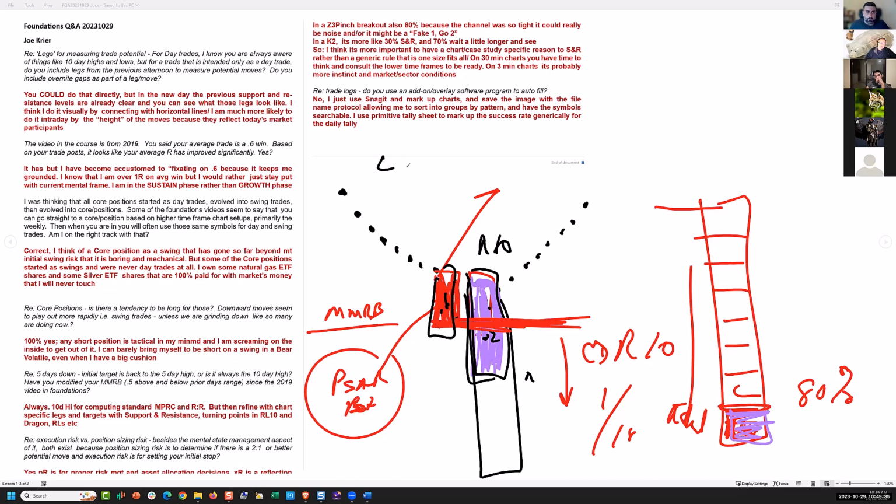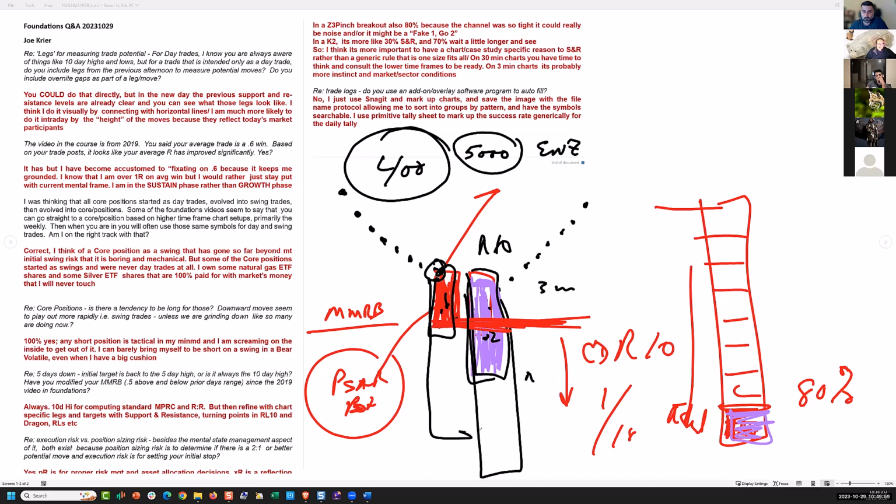And my standard risk is $400. So that might be 5,000 shares of EWZ. That's a large position. And if I'm trading on a 3-minute chart, can you imagine a circumstance in which there could be some hiccup and for some reason I can't even get out to here?